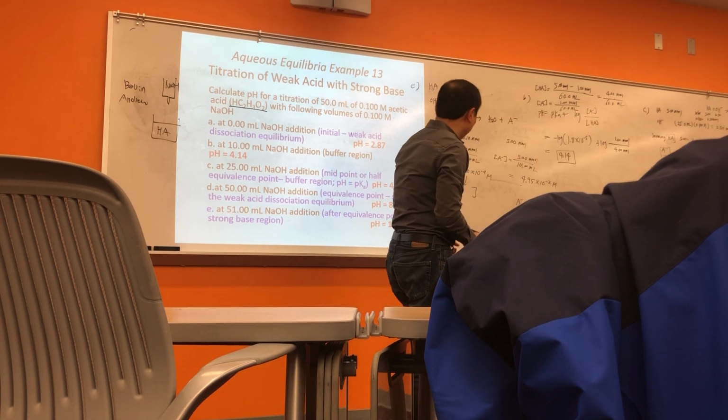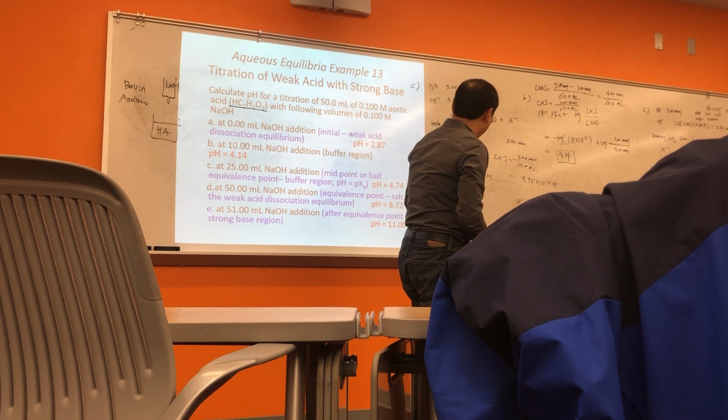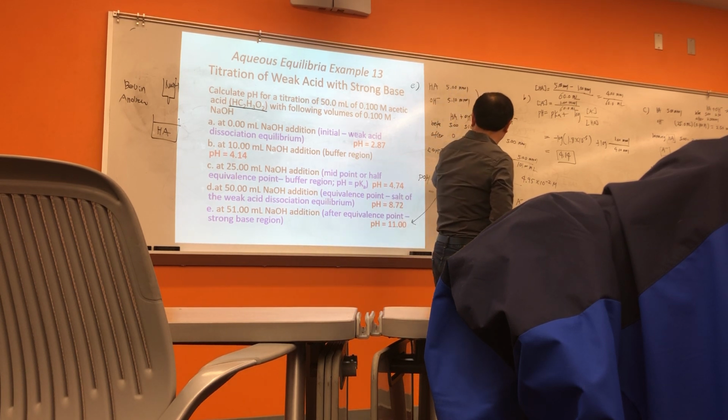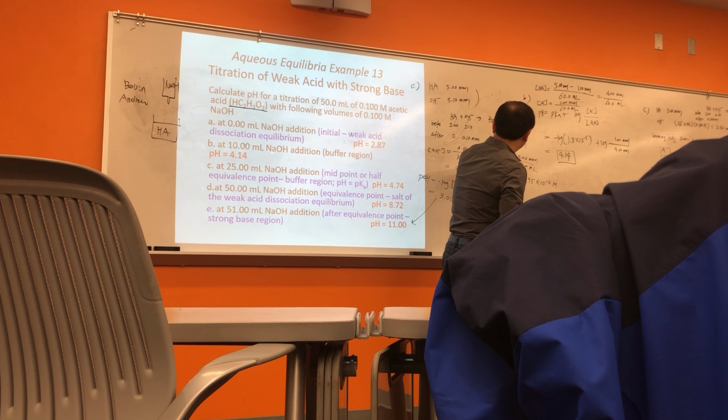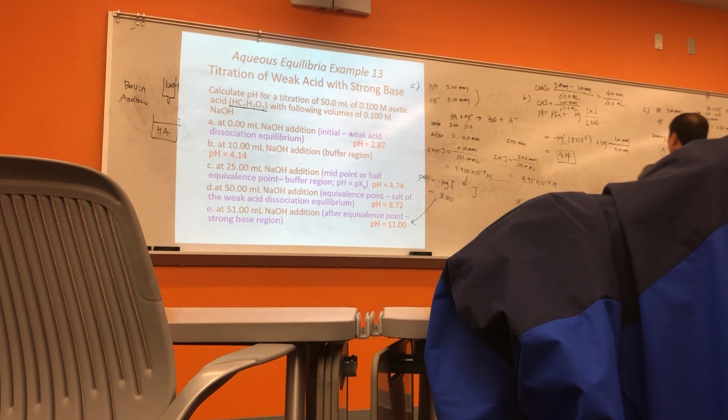So even though we have a lot more weak base, this number is small. Actually, D was the situation where we have exactly the amount of base, and that gives us this pH value.